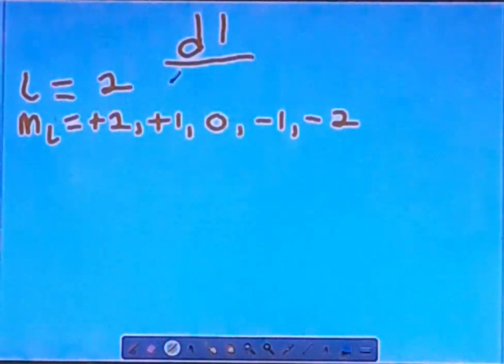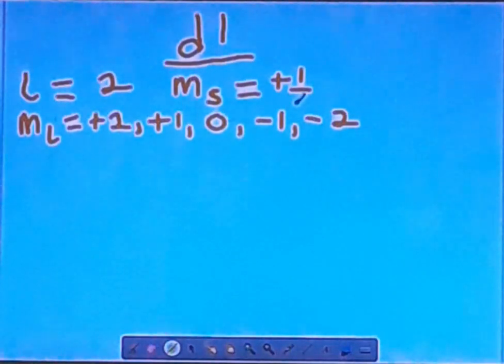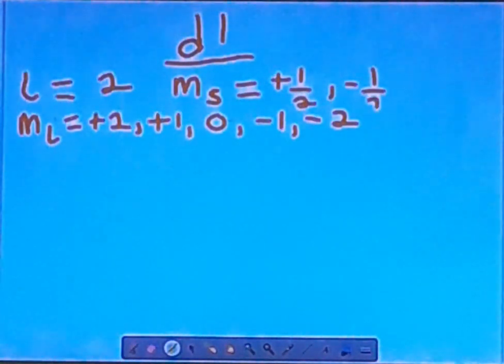Then we write down the spin quantum number. Each electron can spin upwards, which we represent by plus half, or can spin downwards, which we represent by negative half.